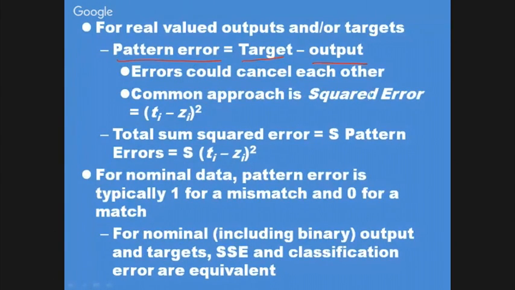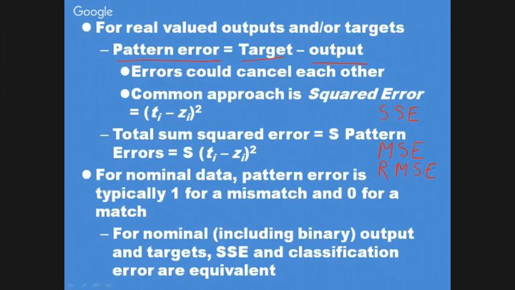But there are some other errors we use here. One is the sum squared error, that is SSE. Another is MSE, the mean squared error. Another is RMSE, the root mean squared error.